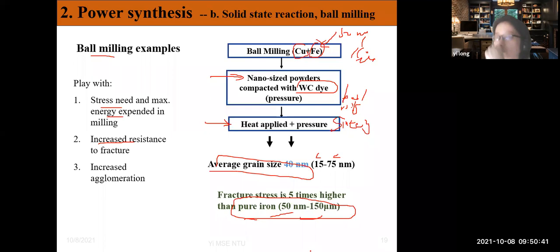But after the ball milling, you can see this whole thing becomes much more uniform. Then the good thing is what? The good thing is after you've done all this process, you will get a fracture stress which is 5 times higher than just the pure one. Okay, so this is a very good example to share with you.